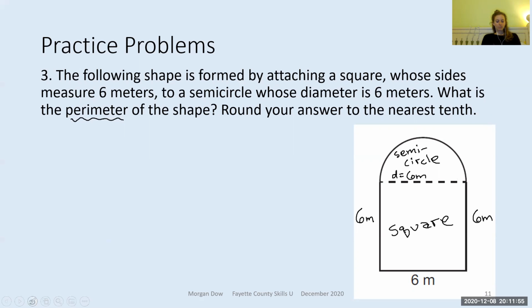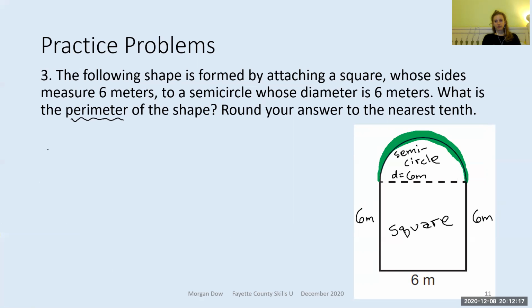But that means we don't know the length of this curved side here. And that's going to be part of the perimeter, right? It's part of the outside of the shape. So the first thing we need to do is figure out the length of that curved edge.